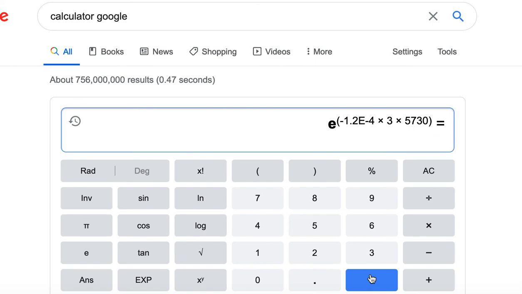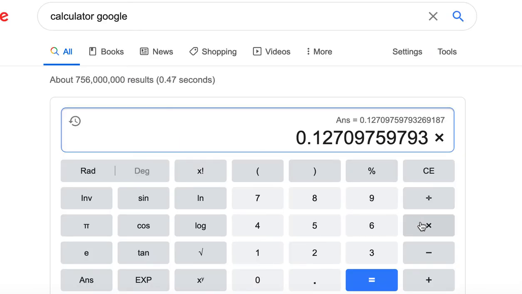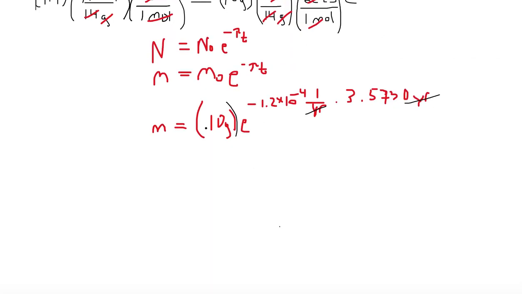We close parentheses, equals. Now we have our value, 0.12, and all we have to do is multiply it by 10, and we have 1.27 left over. We started out with 2 digits, or 3 digits, so we have about 1.27 grams left over.